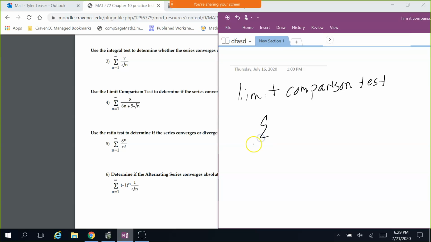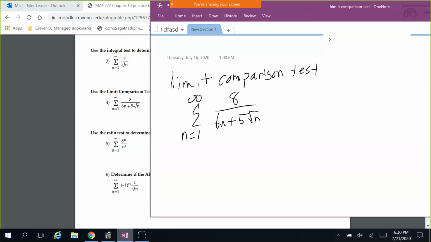And we're given the series n equals 1 to infinity 8 over 6n plus 5 square root n. All right, the limit comparison test is when you want to look at the ratio of the limit of the sequence values of 2 different series. Depending on what that limit goes to, it gives you some information about the 2 series.